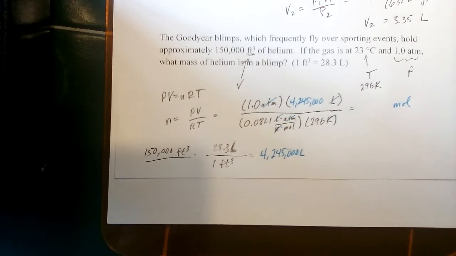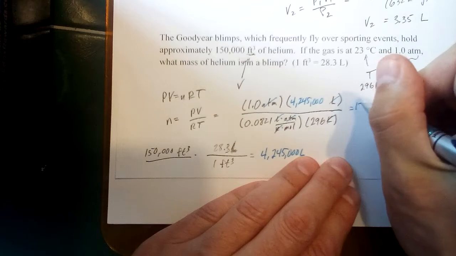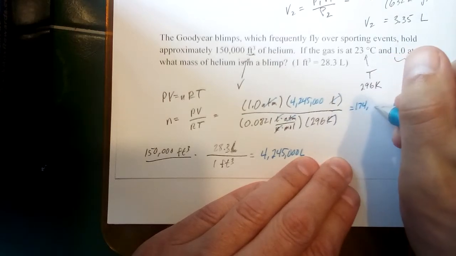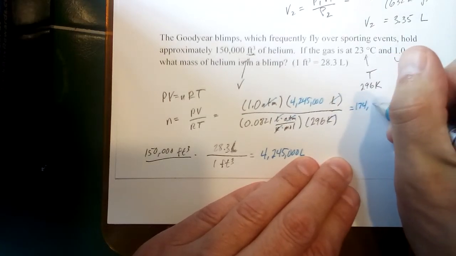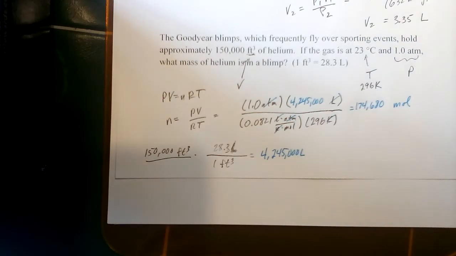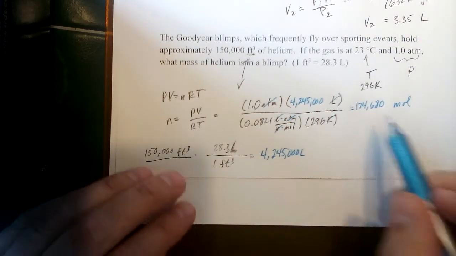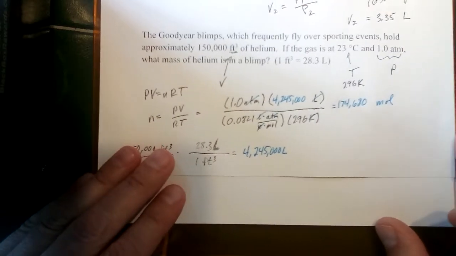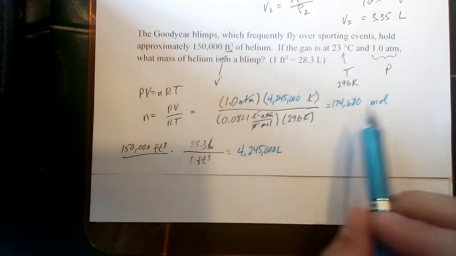That makes a little more sense. So that is 174,680. I did round a little bit there, but I think that is okay, since I'm not going to change my answer much when I go to 2 significant figures at the end.